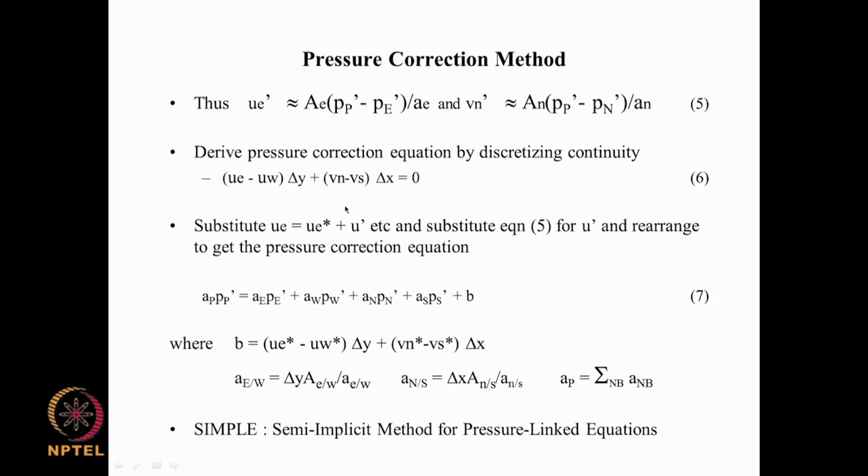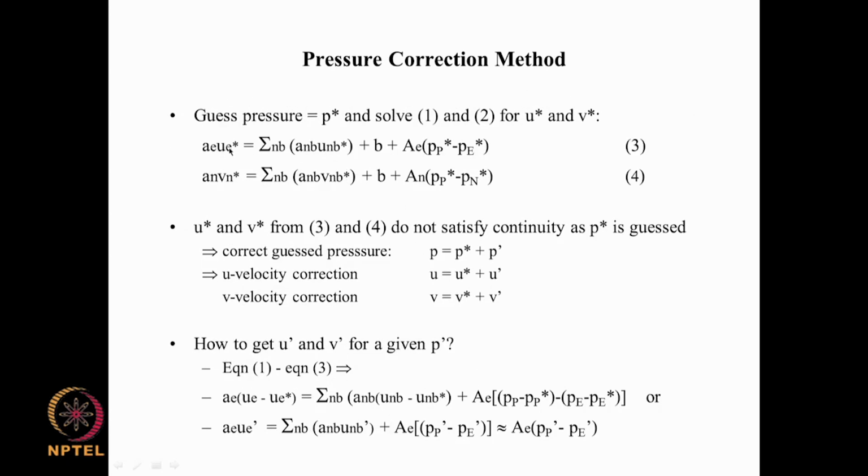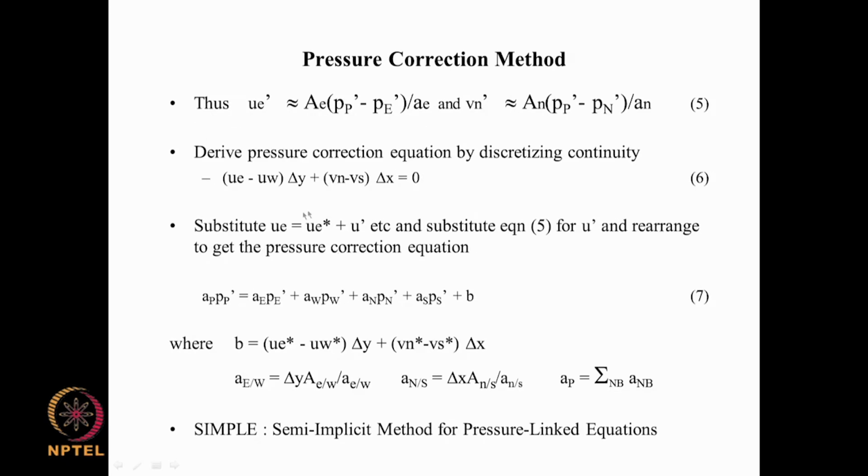At this stage we have already calculated all the velocities u star at all these points, because we have solved this. So the star quantities in this are already known. This gives us an expression like (u prime e minus u prime w) times delta y plus (v n prime minus v s prime) times delta x equal to 0.